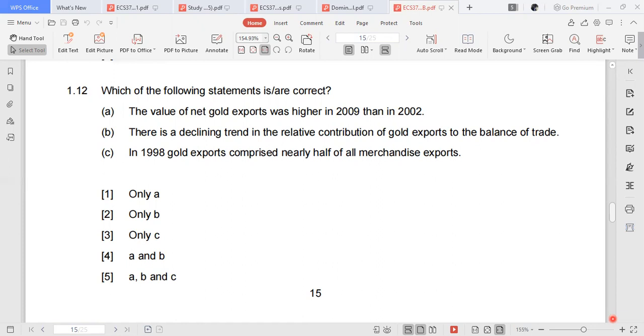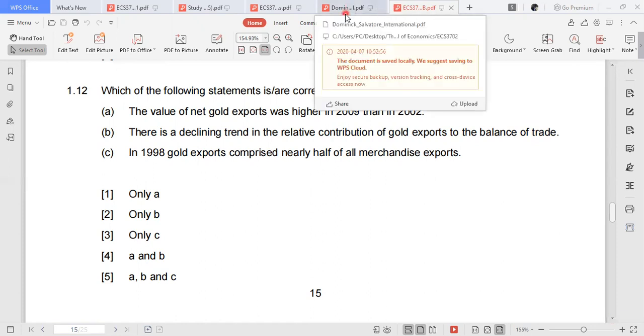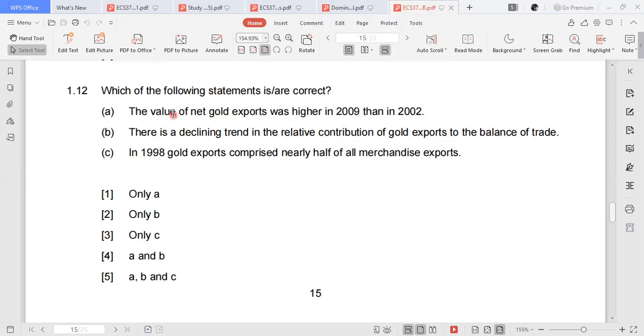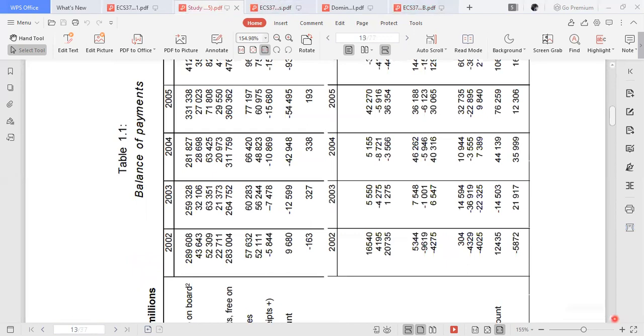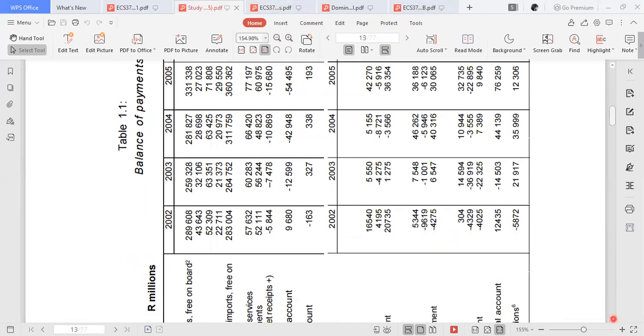It means we are supposed to refer somewhere where we can get that information, okay? So question 1.12, we refer it to the study guide, okay? So before we go to the study guide, option A is saying the value of net exports were higher in 2009 than in 2002. Okay, so this one is what we are supposed to use.